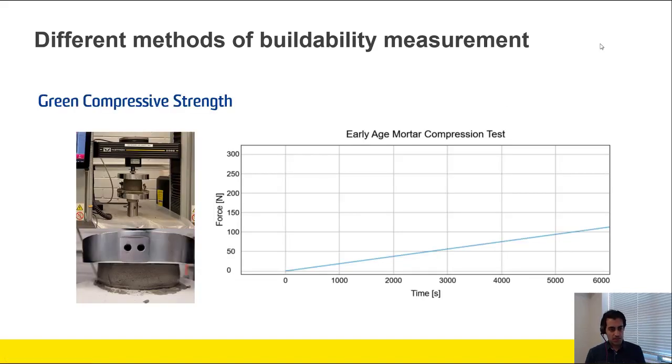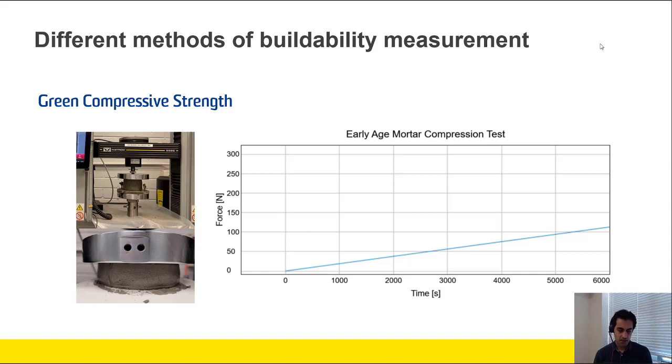The other method that we use is the green compressive strength. We have filaments that can be different shapes. It can be a disc, or it can be a rectangular filament, which is prepared in a special mold, and then you can apply pressure and see how the green strength of the material develops versus time.